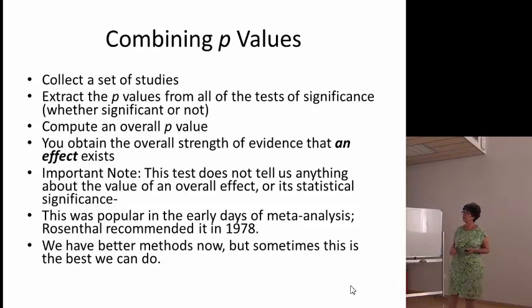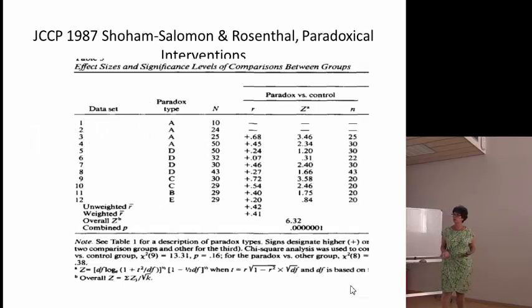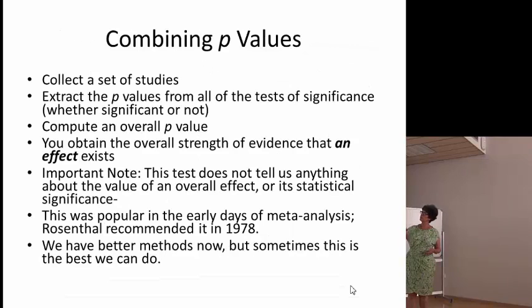The one that was used in this study was Stouffer's method of combining Z's, so that essentially you back compute the Z's from the P's, you sum the Z's, and then you compute the overall p-value. But you're not going to remember that. And then once you compute the overall p-value, you can basically say that there is an effect or there's not an effect.